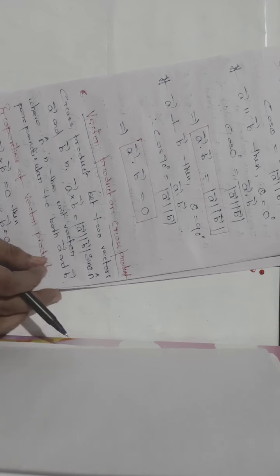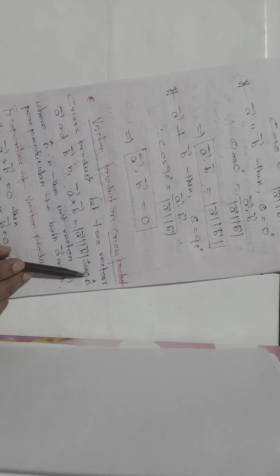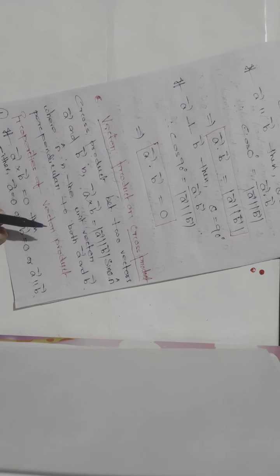Because in that case the theta will be 0 degree. If A cross B is 0, then sin theta will be 0, then only this part will be 0.